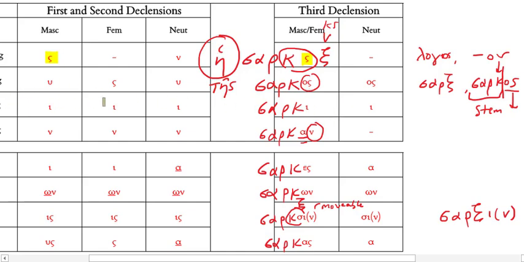Here, we had iotas, and they always subscript, don't they? They always subscript where possible, and the only time they can is under a long vowel. And so each of these noun stems will have a lengthened stem vowel. But since there are no vowels here before the iota, I'm not going to subscript the iota here. It'll stay put.